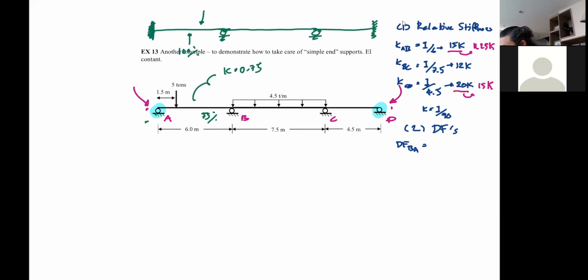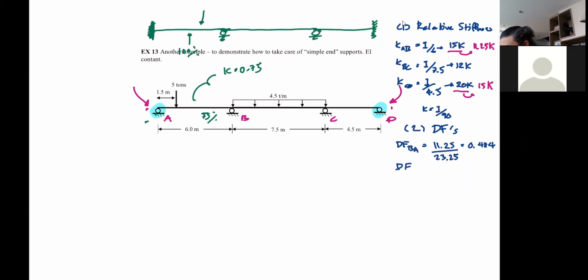So DFBA is 11.25 over 23.25. Because we have only decimals, it would be a better idea to use 3 decimals. Maybe 0.484.